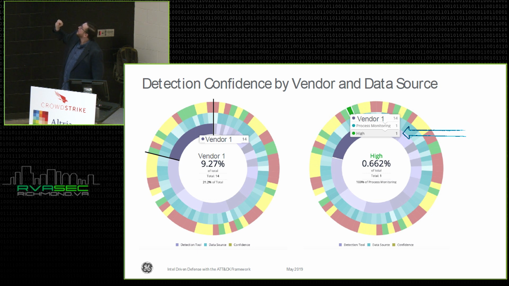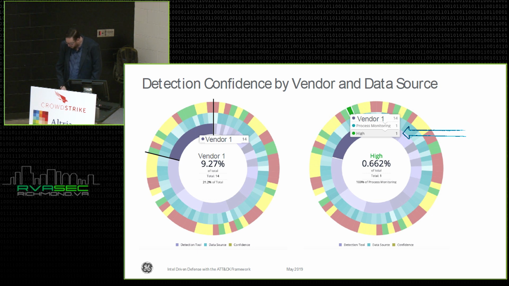And then the outer ring, which is over here on the right, is showing our confidence for that detection tool to be able to collect those data sources. So this is pretty important. I'd almost go vital in understanding what your tooling, what your detection platforms are able to detect.